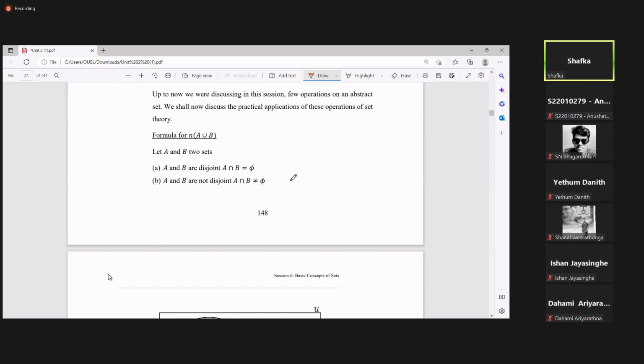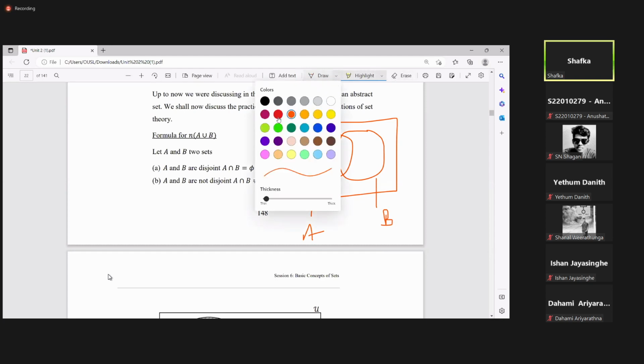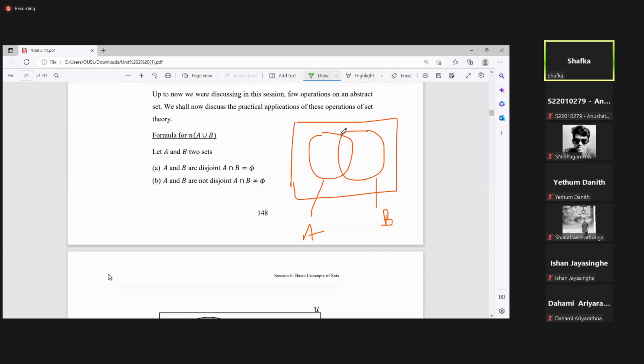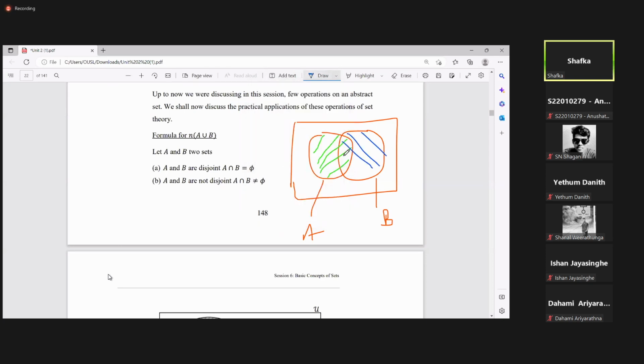Okay, when you consider, let me draw these two. This is A, and this is B. And I am trying to color the A set, this represents A. And I am coloring the set B. What is A union B?